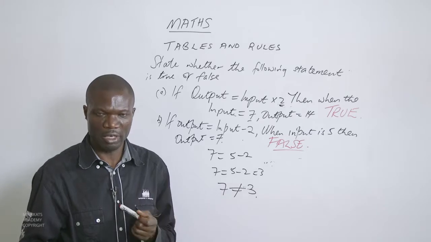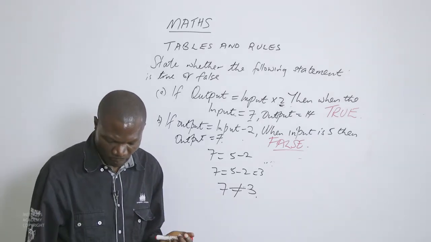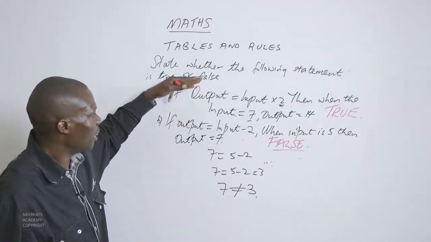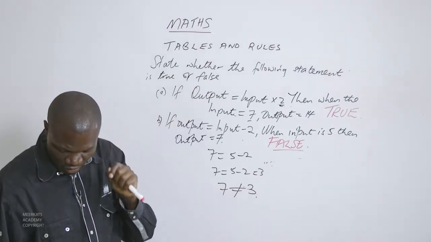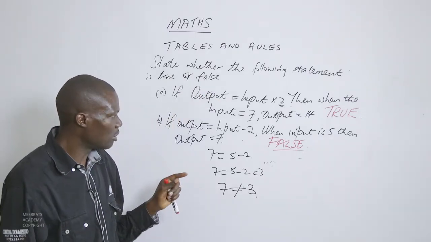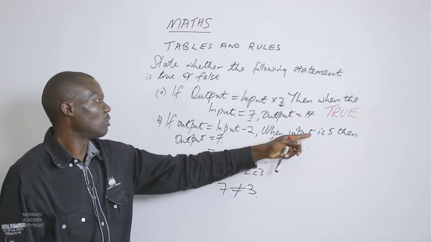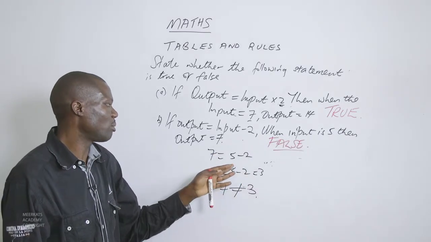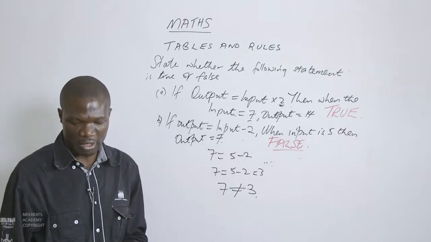We are only inspecting: we have a statement and then we inspect it and see whether it's going to give us the truth or not. 5 minus 2 is 3, but not 7, as we have been told in this particular case.